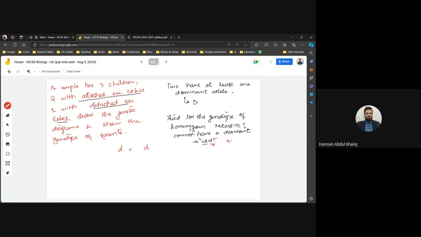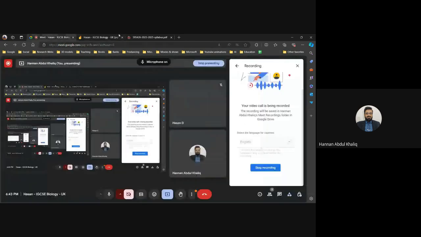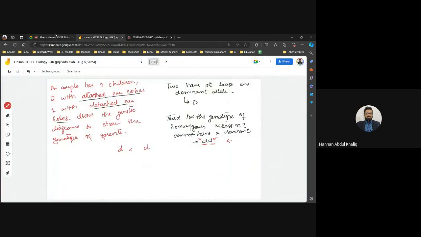Okay, now you have got this point. Have you got this point? Okay. But the fact is that their children are also showing the dominant feature.